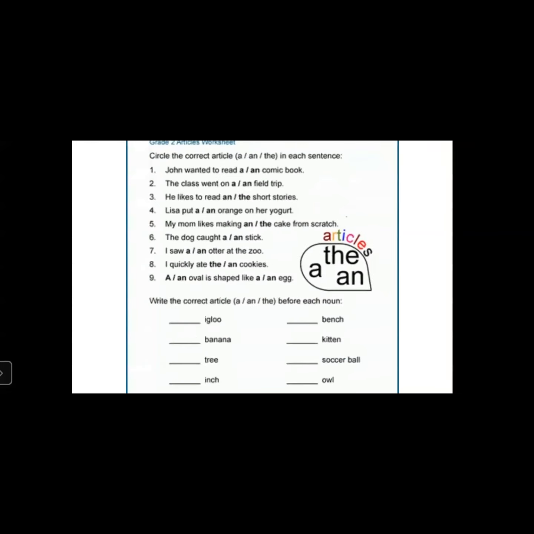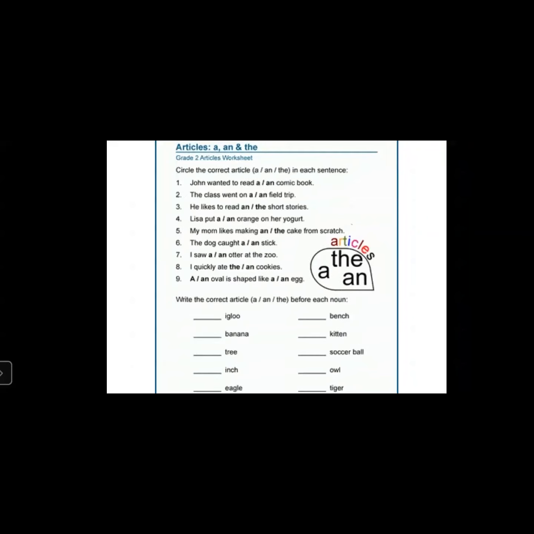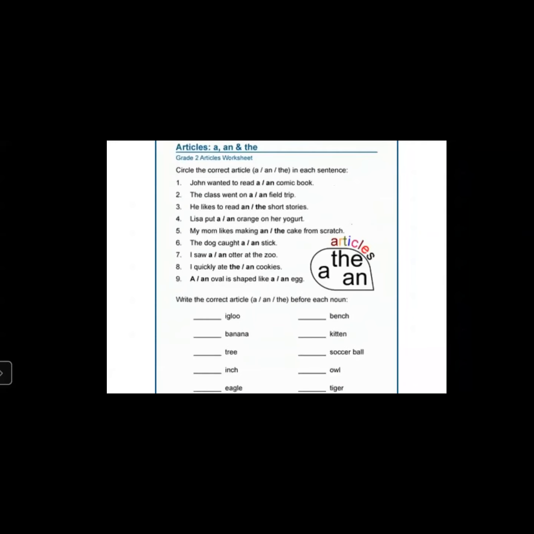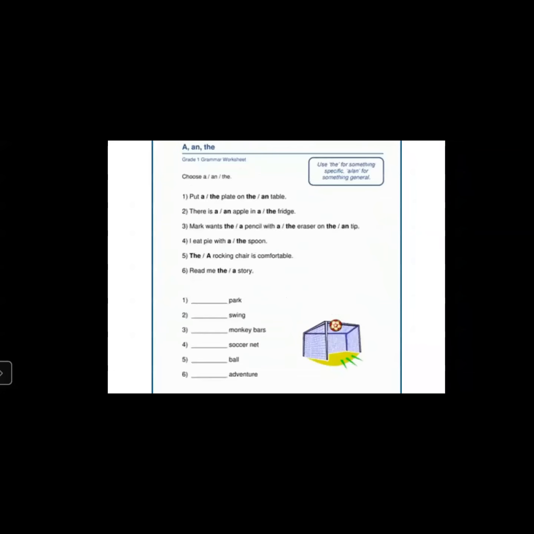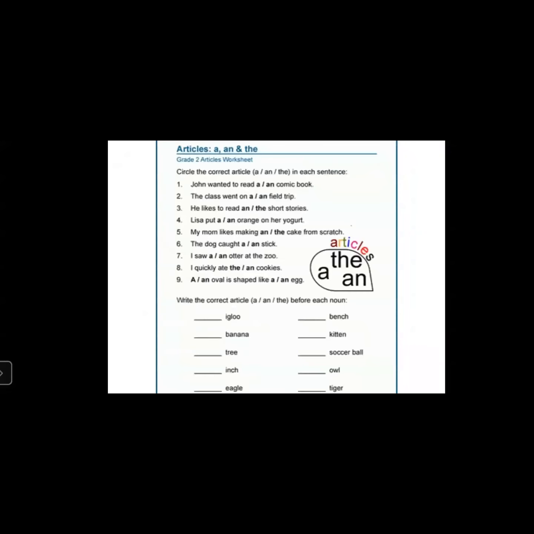Now you have to tell me where you are going to use the article. Take this screenshot and solve it in your book. One more I have. See this one. Only these two, 1 and 2.